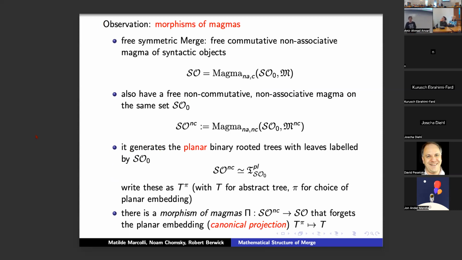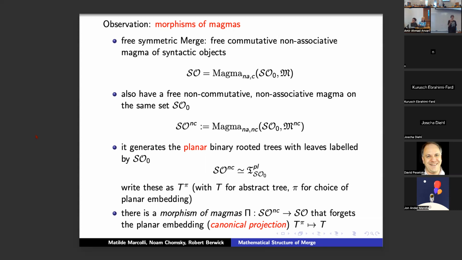Let's start from an observation about magmas and morphisms of magmas. I said last time that our syntactic objects are the free non-associative commutative magma generated by a single binary operation on the set of lexical items. You also have the corresponding free non-commutative non-associative magma on the same set.